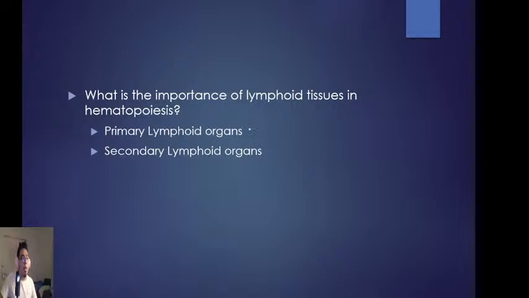What are our primary lymphoid organs? Can anybody still remember our primary lymphoid organs? It's an immunology recall question. Remember that immunology and hematology are intertwined with each other. You cannot take immunology without learning about hematology.